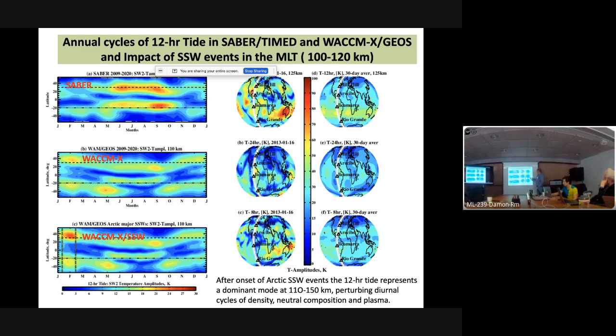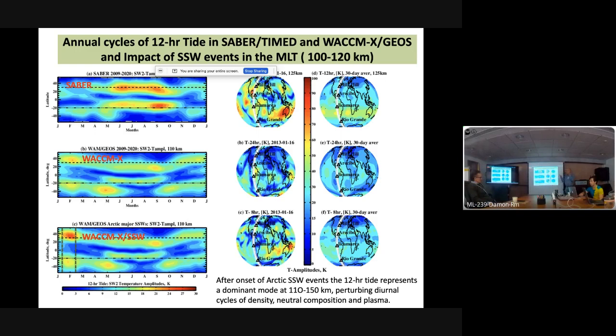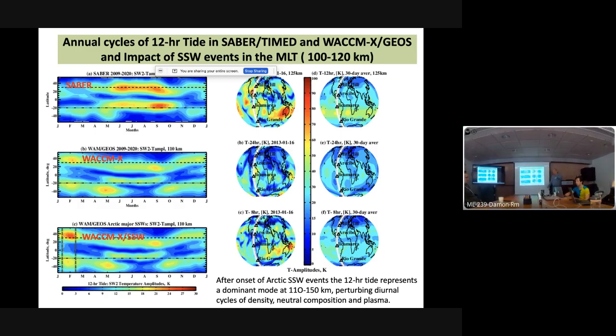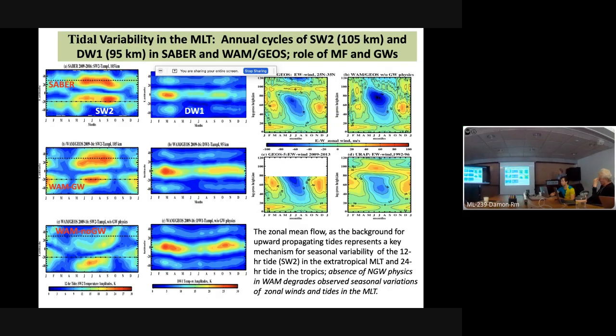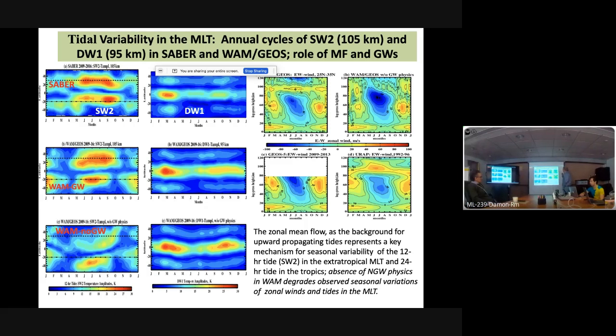You get much smaller differences in the 8-hour and 24-hour tides. The major effect of stratospheric warming events is that within 5 days after onset you have amplification of the semi-diurnal tide activity. So this is basically the sensitivity of tidal dynamics in one.